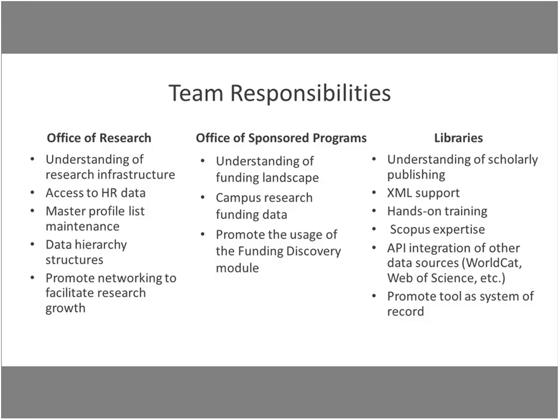For our Office of Sponsored Programs, it was really to promote the usage of the funding discovery module, which is part of our system, and match researchers to funding opportunities. For the libraries, we're really invested in seeing a system of record for the work done here on our campus. So it can create an interesting dynamic when all three of us have a different top goal, even though we all see the same goals across the board.